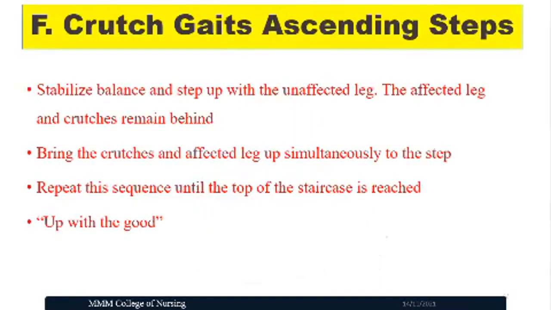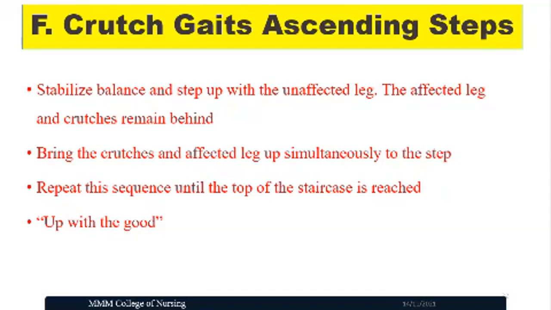Next, we'll see how to use crutches in ascending the steps. When the patient wants to climb the staircase, this type of gait pattern can be used, where the patient has to stand on the floor by stabilizing the balance. Once the patient is stable, then step up with the unaffected leg. The affected leg and the crutch will remain behind.